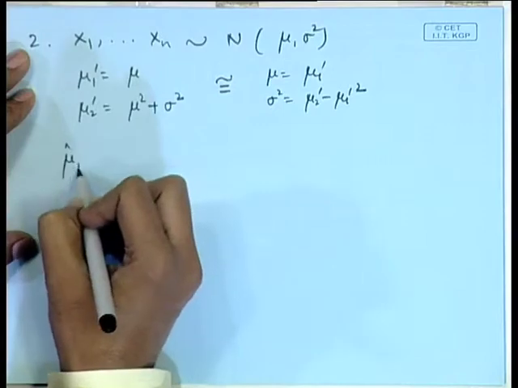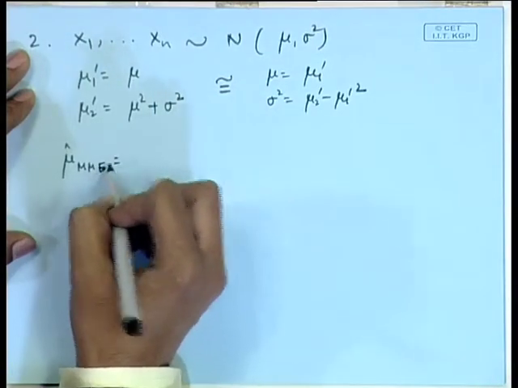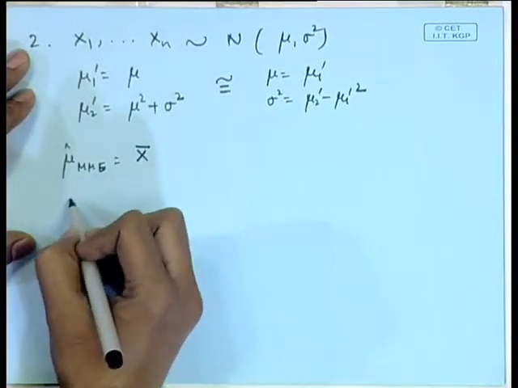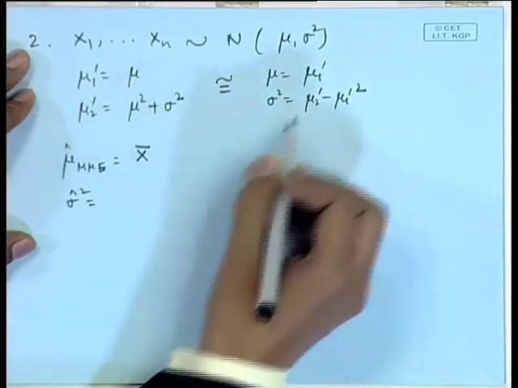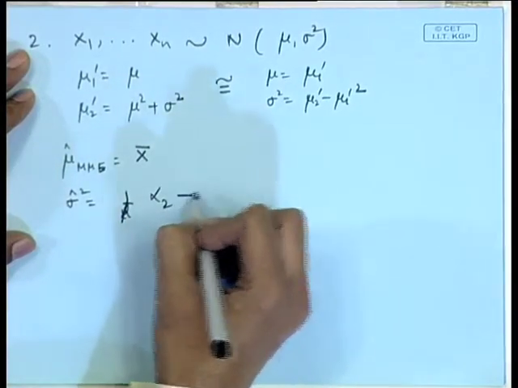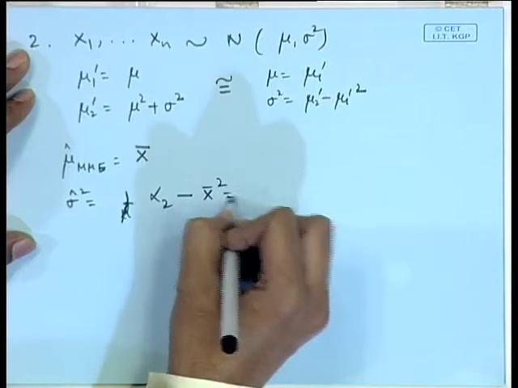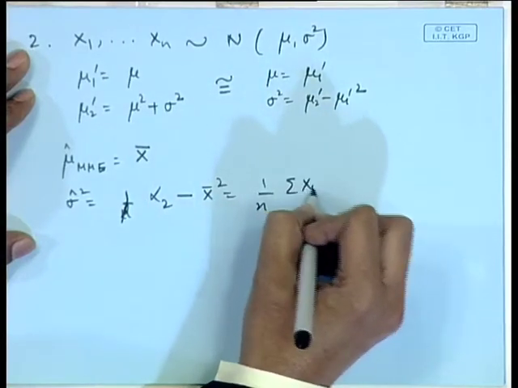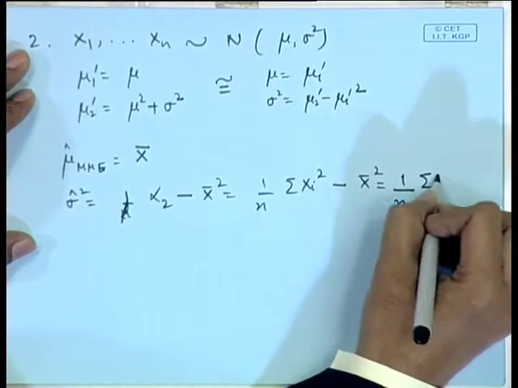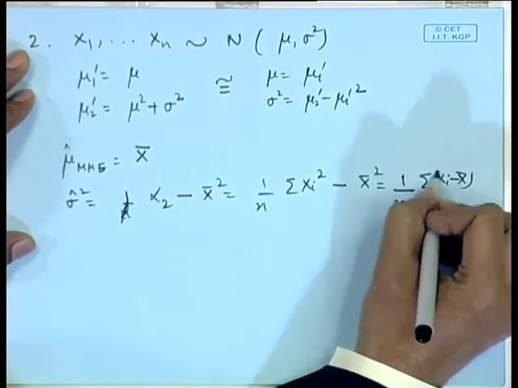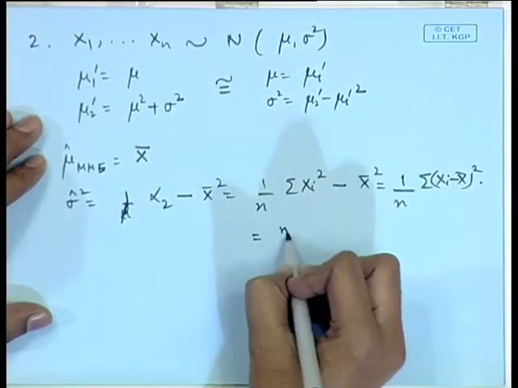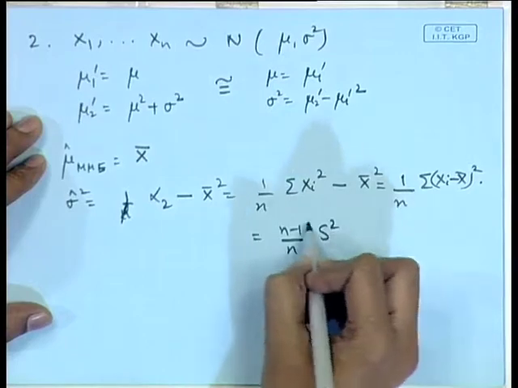So, method of moments estimators will be for mu simply x bar, and for sigma hat square this will be 1 by n sigma x i square minus x bar square, that is alpha 2 minus x bar square, which we can write as 1 by n sigma x i minus x bar whole square. You can also write it as n minus 1 by n s square.